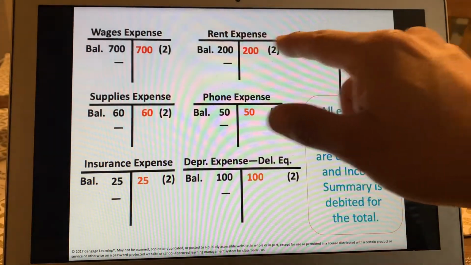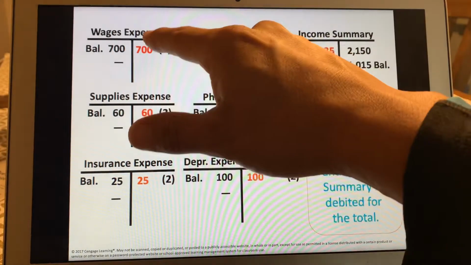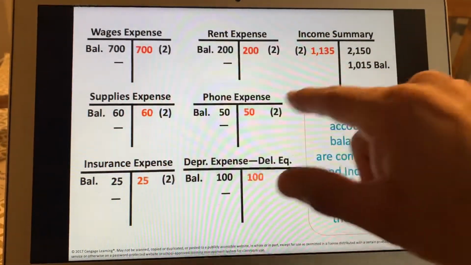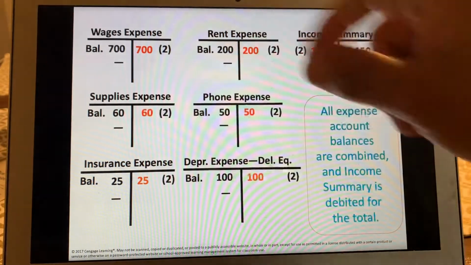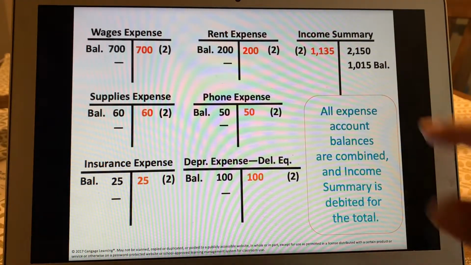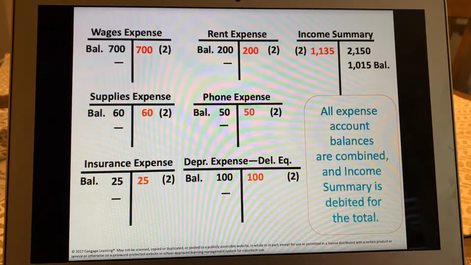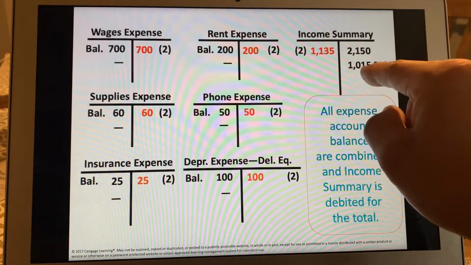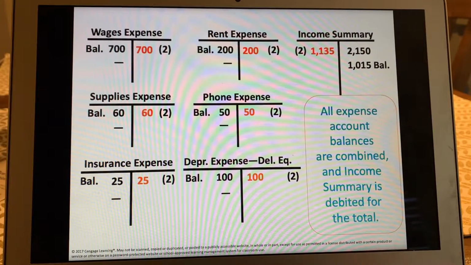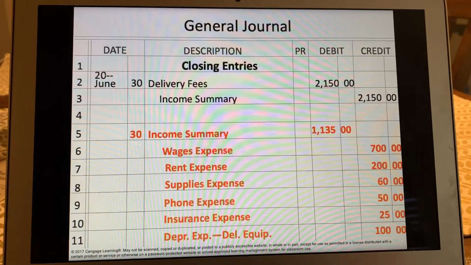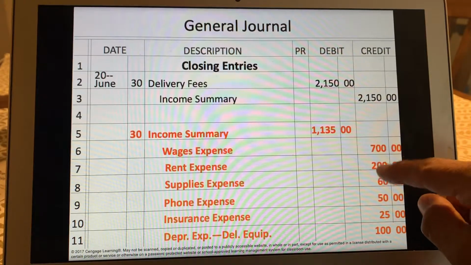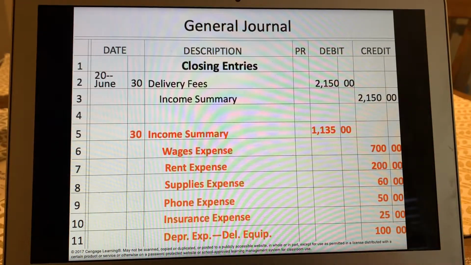Now, all of these orange values in our expense accounts have to equal 1135. So then our 2150 minus 1135, our balance will be 1015. So here's what it looks like. Our income summary is a debit and all of our expense accounts are right there, listed with their values.